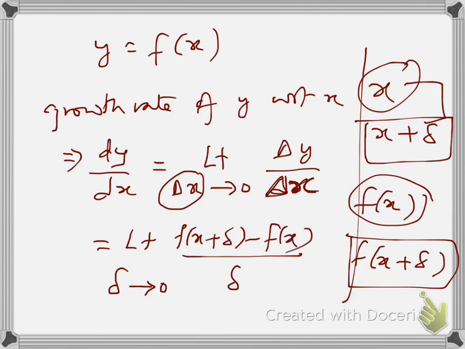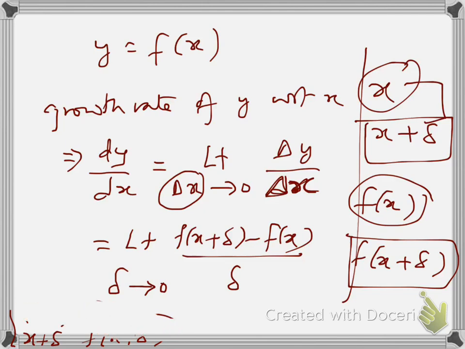Can you see that? When x is x, y is f of x: old value of x, old value of y. When x is x plus delta, the new value of x, the new value of y will be f of x plus delta. So you find the change in y, you find the change in x, divide, and put the change in x going to 0.